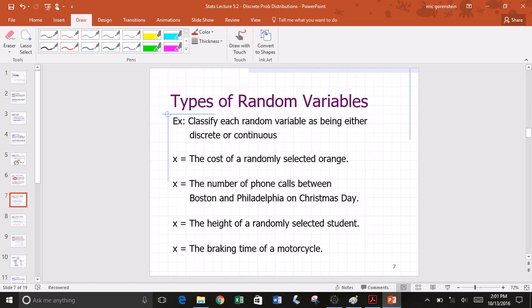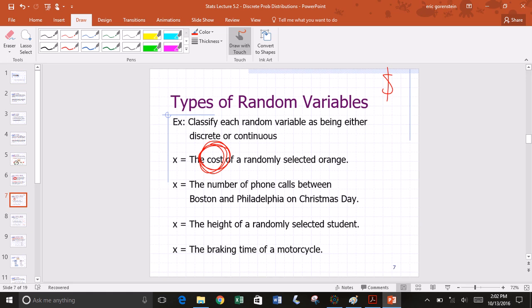So here are a few examples. Determine which of these are discrete random variables and which are continuous random variables. The first one is the cost of a randomly selected orange. So our variable here is cost. If I choose a random cost, it could be anything. So let's say the cost is $2.37.